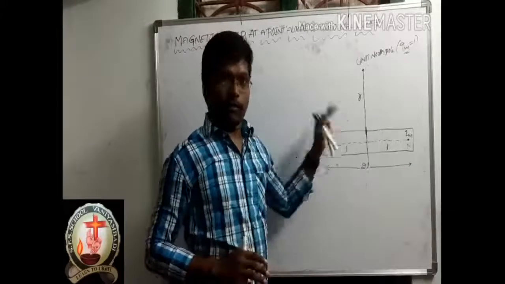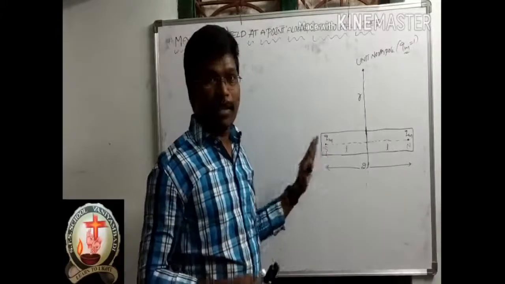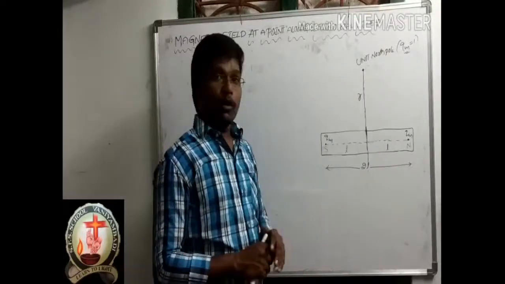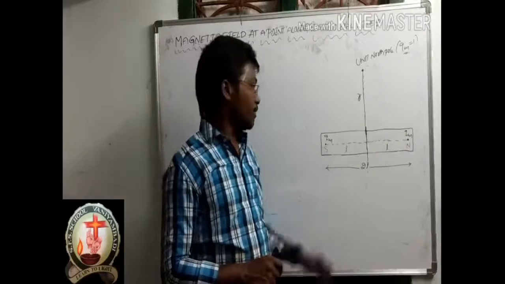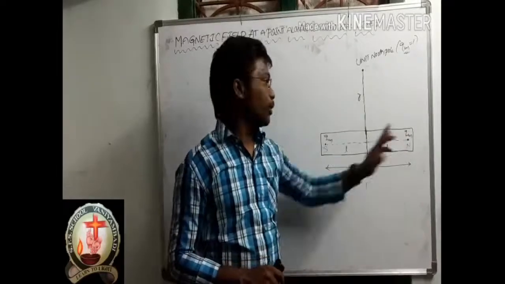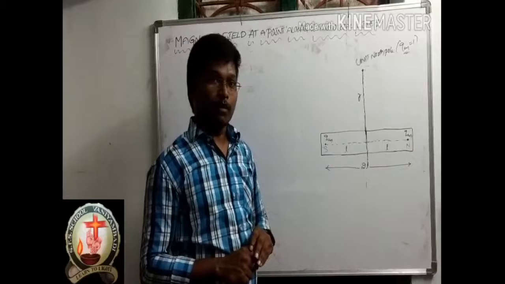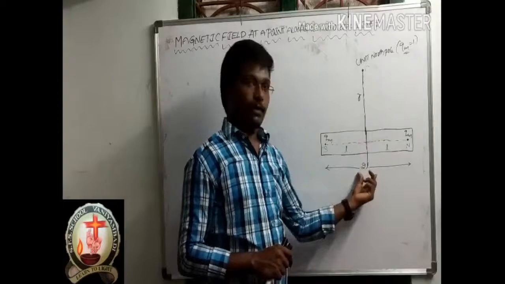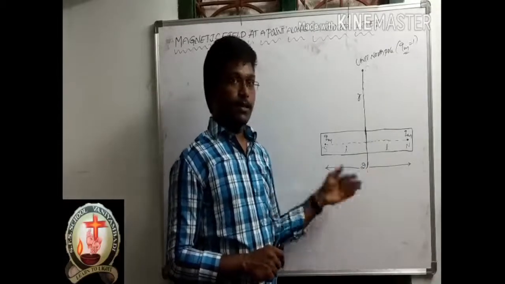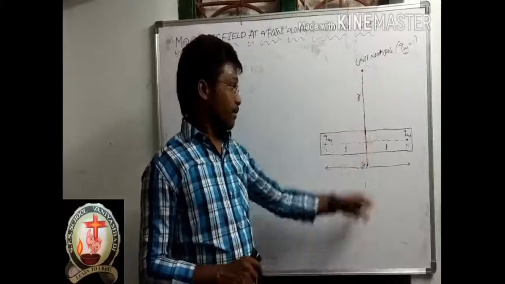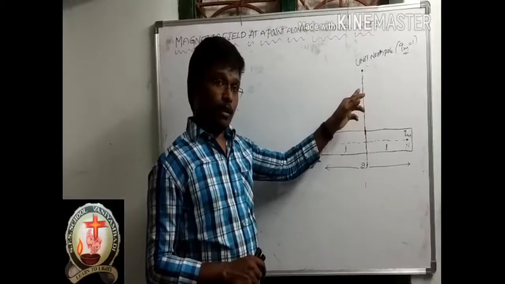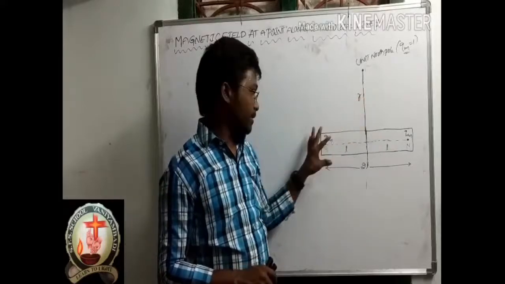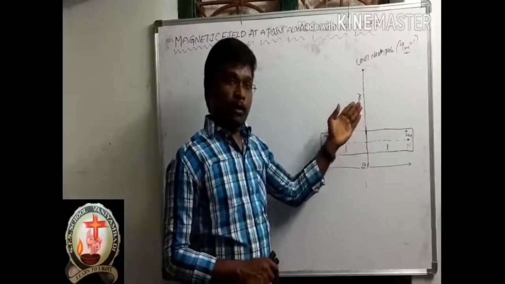Again I will explain this. Let us consider a magnet with two poles, south pole and north pole. The south pole has pole strength qm and the north pole also has pole strength qm. The magnetic length of this magnet is 2L. After that, let us consider an equatorial line, and the magnet is placed on it.